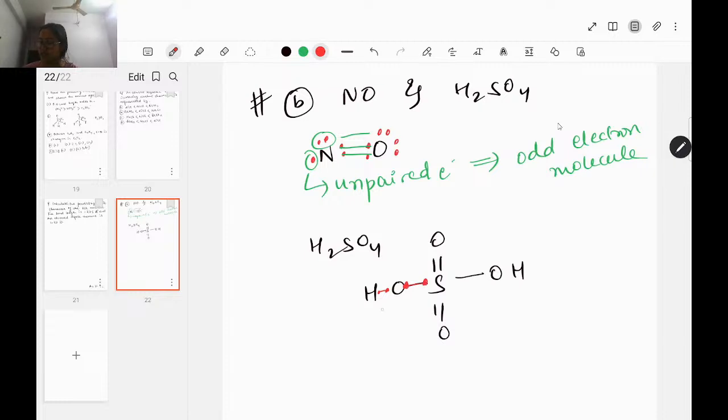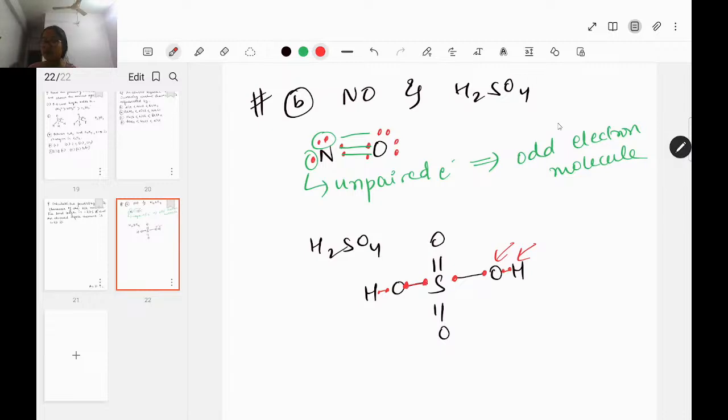I am not drawing the other bonds of oxygen. I think it is self-explanatory because I have discussed a lot of questions. Let us see the right hand side oxygen. Here also the oxygen is sharing 1 electron with sulfur and 1 electron with hydrogen, so this oxygen also reaches its octet, and this hydrogen also reaches its octet. So it is fully satiated.